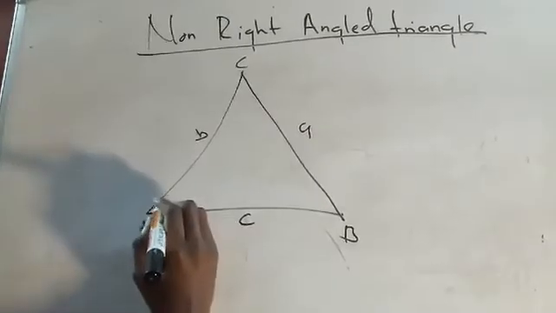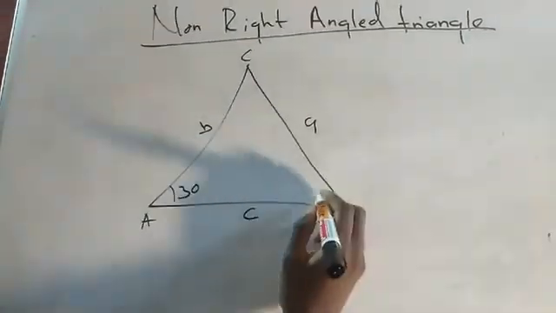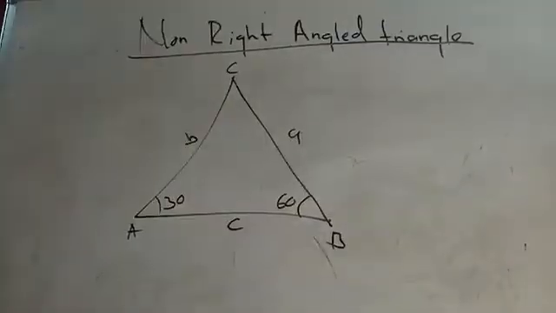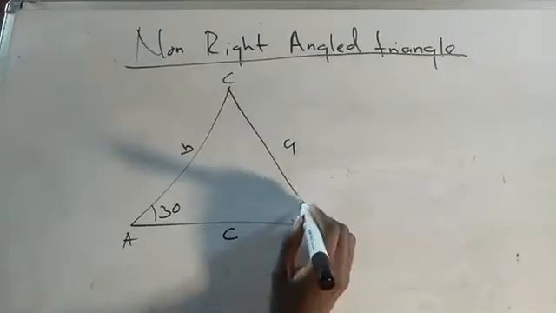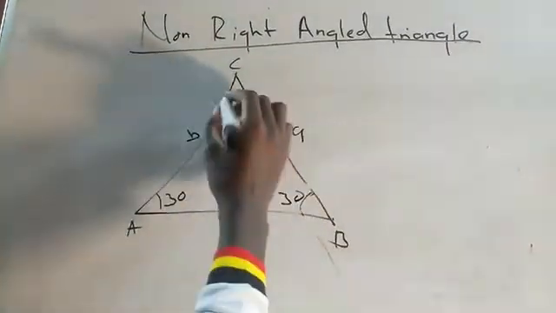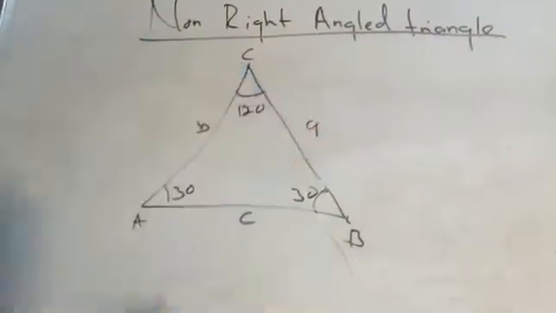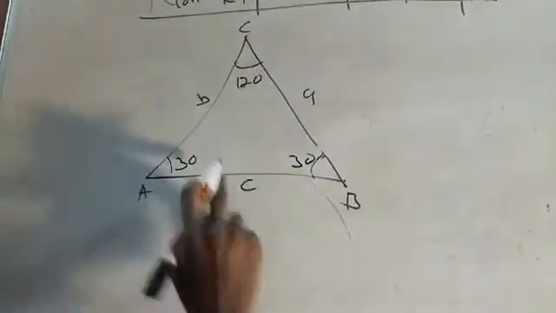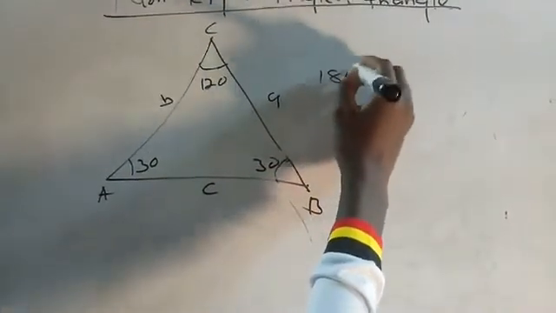So it may be 30 here and a 60 here. No, 60. It may be like also a 30 here. So here it will be something like 120 degrees, and when you sum them up, you will get 180 degrees.